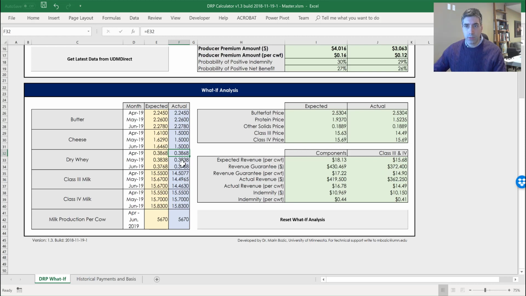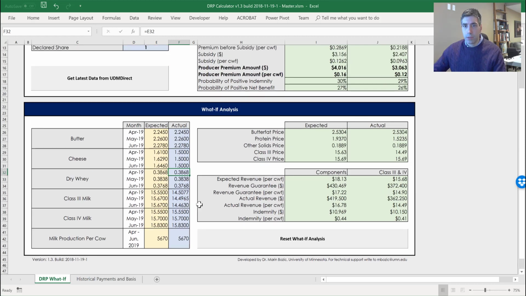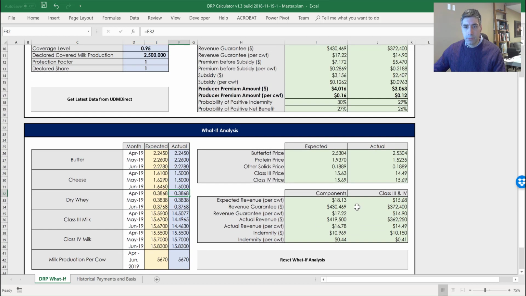Why did I want to bring this to your attention? Because our revenue guarantee was $3 apart. The revenue guarantee under components policy was $17.22 per hundredweight. Class 3 was $14.90 per hundredweight. That does not mean that there is some price out there that has to fall $3 more before the class 3 price pays out.